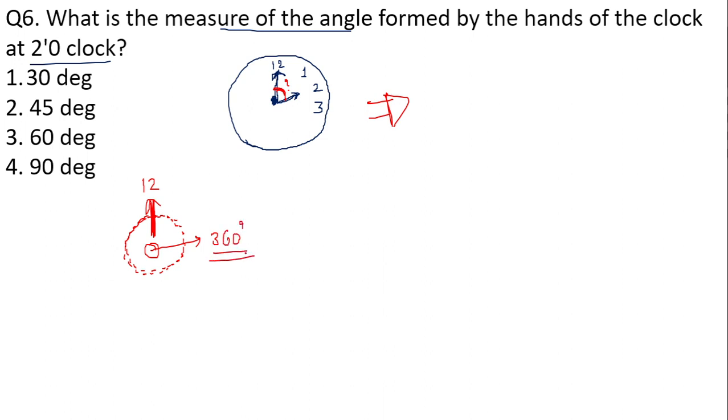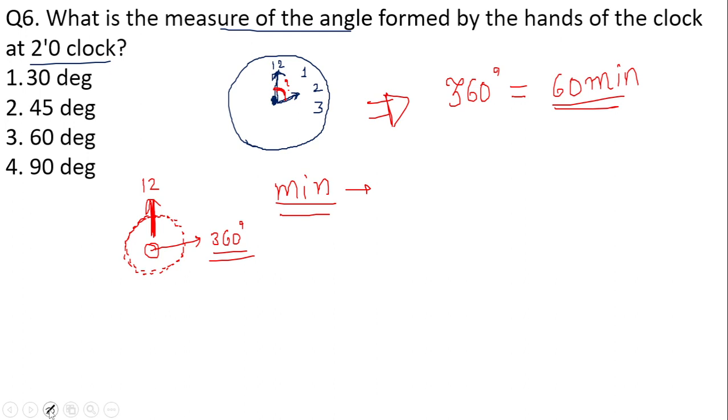So, here one thing you have to understand is, when the hand of a clock moves 360 degrees, it means 60 minutes are going to be there. What does it mean? Whenever, basically in case of 1 hour, the minute hand is going to move by 360 degrees. Okay. The minute hand is going to move by 360 degrees.